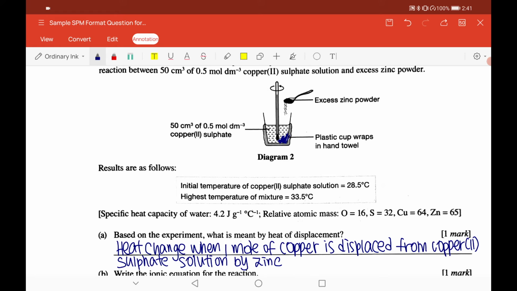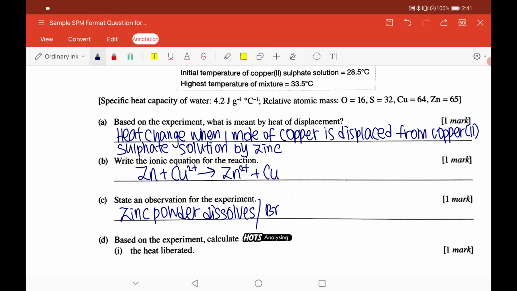So you should be able to see a brown color solid, and the brown solid sticks at the bottom here. So you can write brown solid is deposited. This is how you can write the answer.